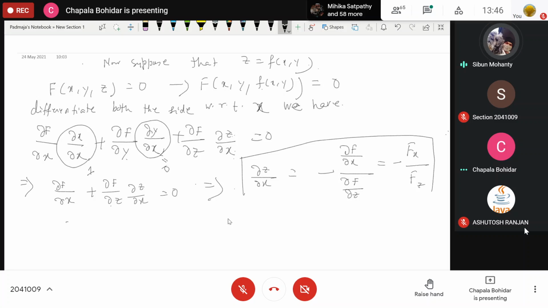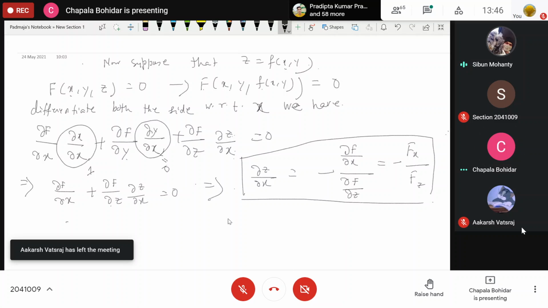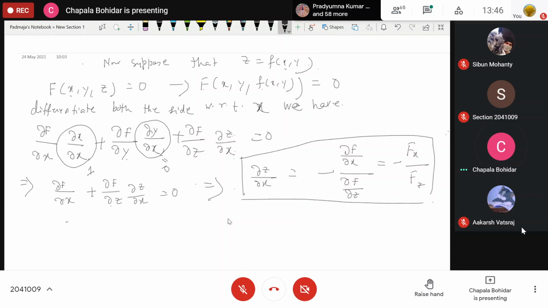Can you explain why del y by del x is 0 again? Here f(x, y, z) is written, and it is also written that z is the function of x, y. So ultimately f is the function of x, y. When we differentiate with respect to x, what about y?